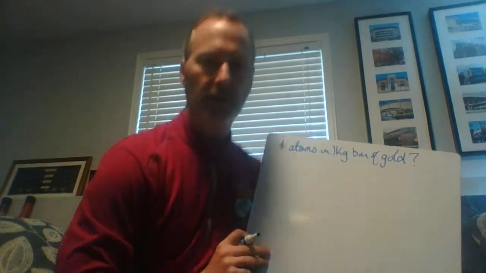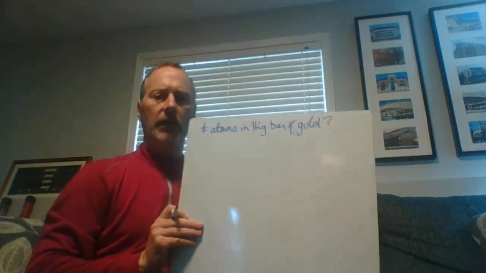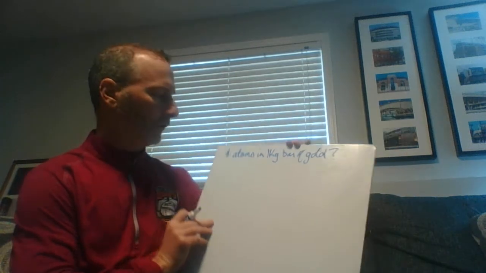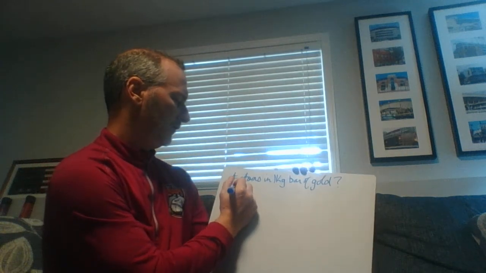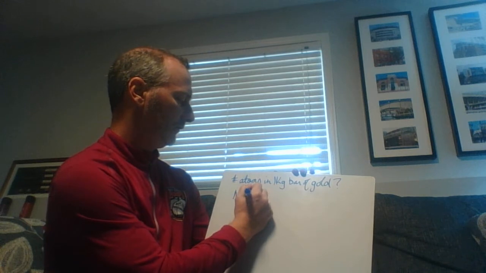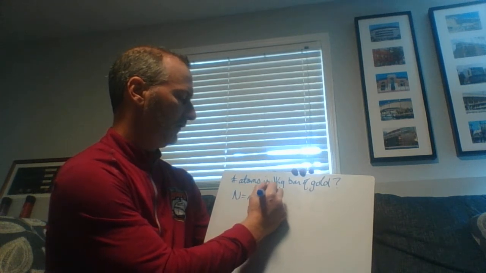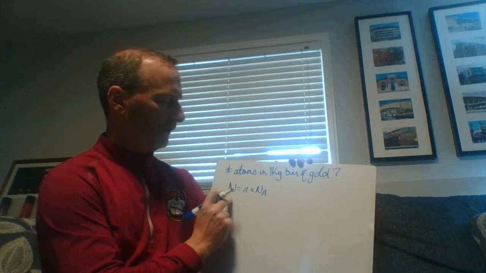Okay, the first one is the number of atoms in a 1 kilogram bar of gold. So how many atoms are in there? If we want to find the number of atoms, we're going to want N equals n times N_A.